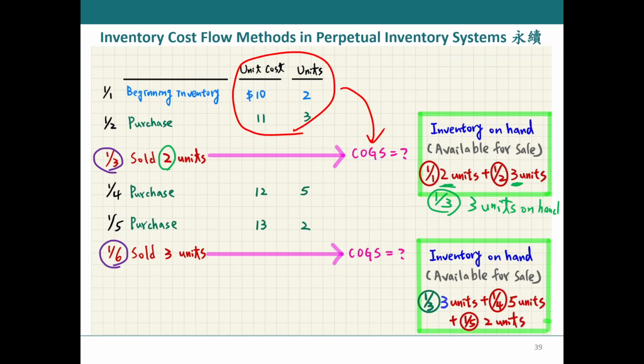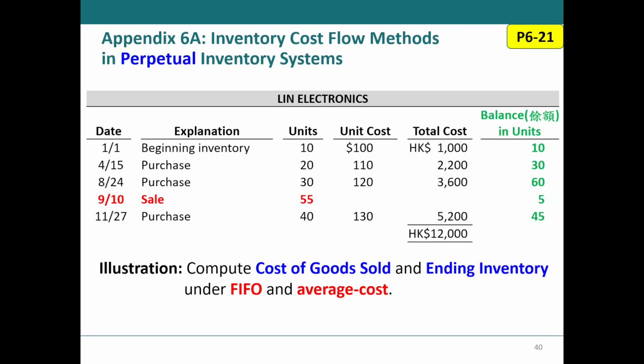If you don't have any problems, based on this, right now we want to make our first assumption, FIFO. No problem? So our first assumption, FIFO, means what? Be careful about the date. Since we use perpetual 永续盘存制, you should understand the date is very important. So we sold the inventory when? On September 10th.